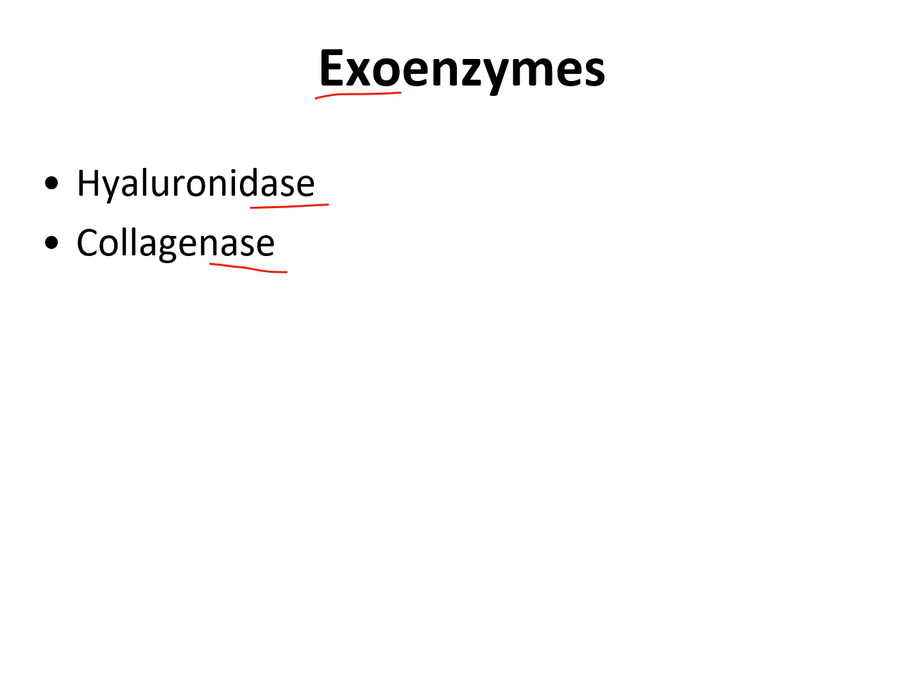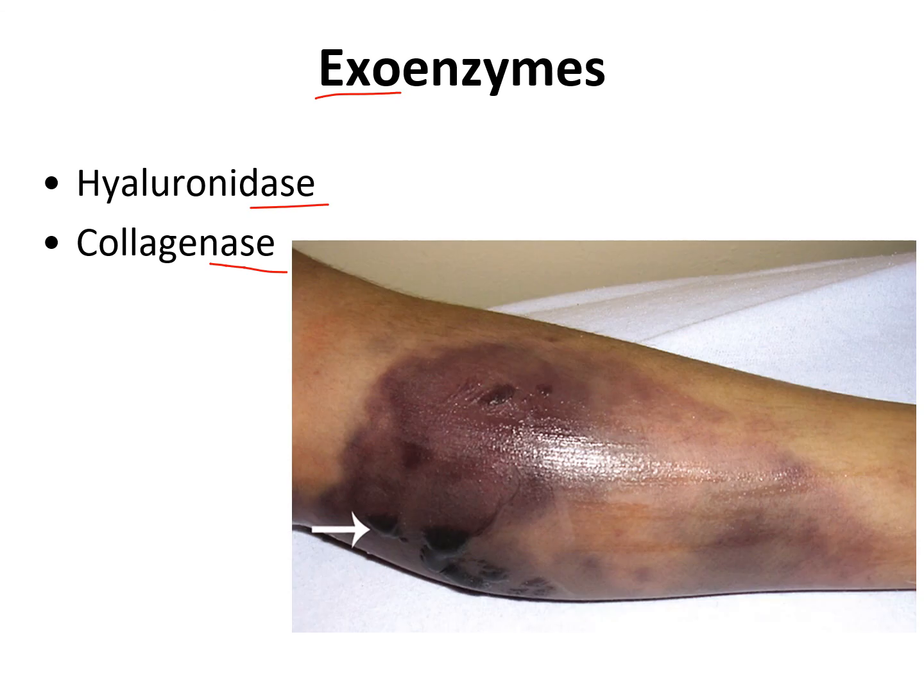It breaks down collagen, which is also found in connective tissue. So hyaluronidase and collagenase both allow the bacteria to break down the connective tissue to facilitate spread. But breaking down this connective tissue will kill the tissue and it leads to necrosis or gangrene.